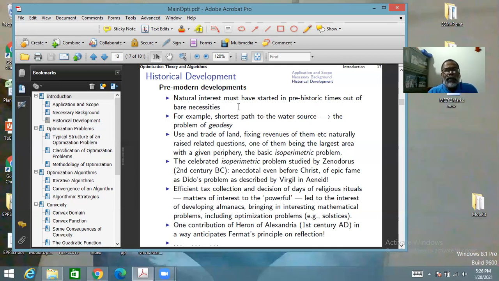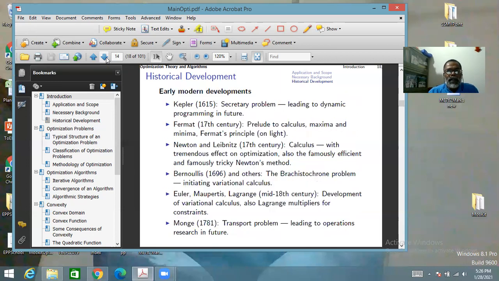After that, during the medieval period, several Arabic Persian scholars also entered the field and made contributions. But we make a long jump and start from the modern times. Kepler actually, apart from his planetary exploits, gave rise to a very interesting optimization problem, which is now known as the secretary problem, which later got developed into the field of dynamic programming.